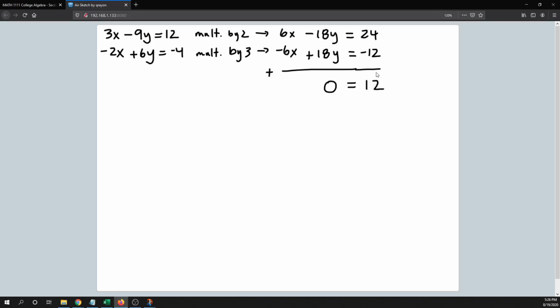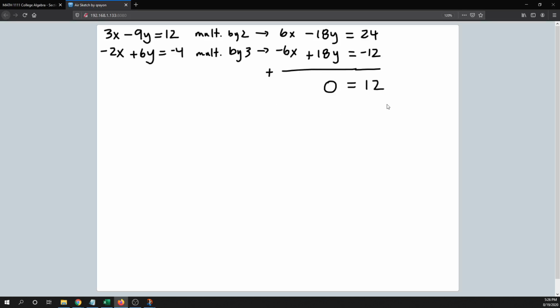So what happens in both the infinitely many solutions case and the no solutions case is that all of the variables drop out. Both the x's and y's drop out, and that's regardless of what method you use. You could have used the substitution method on this, and the same thing at some point will happen.